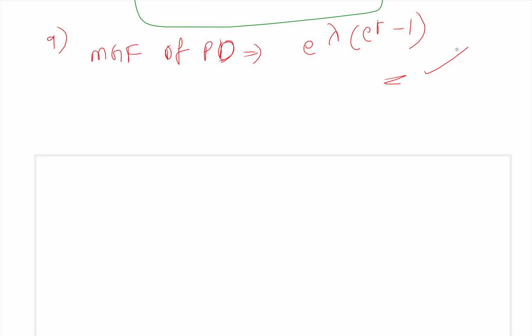Generally, the moment generating function of the Poisson distribution is equal to e to the power of lambda into (e to the power of t minus 1), which is the MGF. This is very important. Most of them are confusing. Okay, you have to remember this.